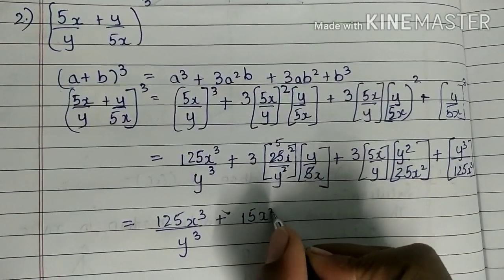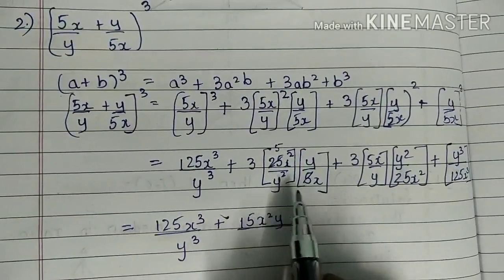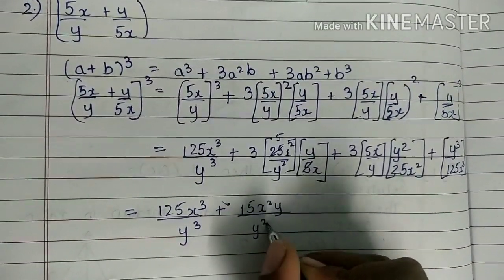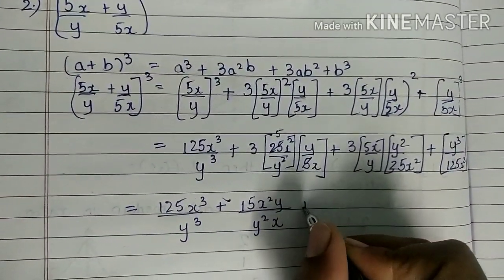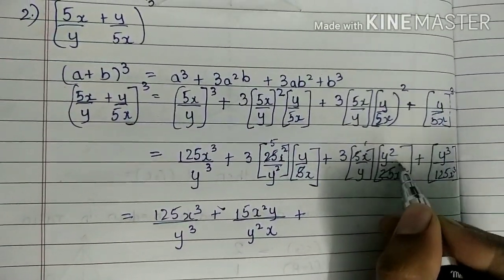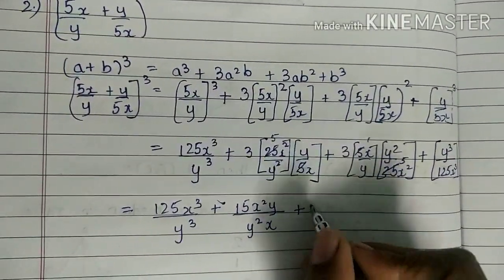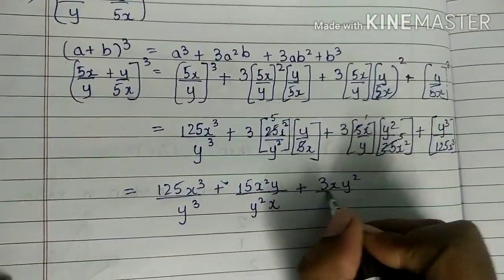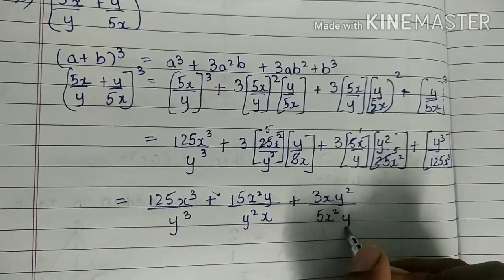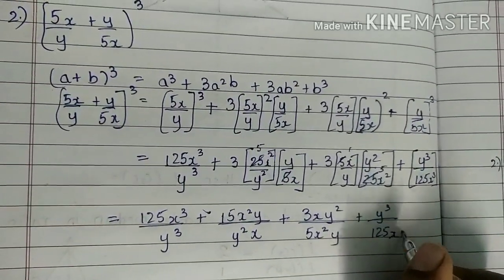You write that x square y upon, down there is no number left, but there are letters left, and that is y square x plus, here also if you see, this is 5 ones are and this is 5 fives are. Okay, so I cancel this, up there is no number left, so I will write 3x y square upon, this will become 5x square y plus y cube upon 125x cube.